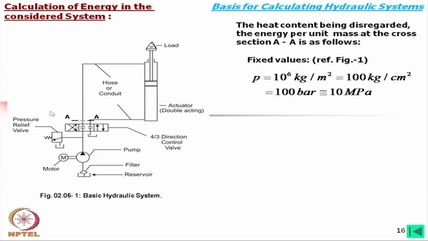Now, for this system, pressure in fluid power is still usually given in bar. If you go to any industry, particularly in the western countries, you will find they still use bar, whereas in India, those following the MKS system used to say kg per centimeter square.